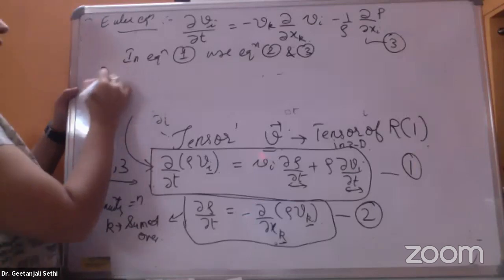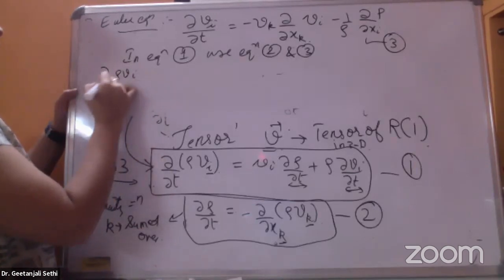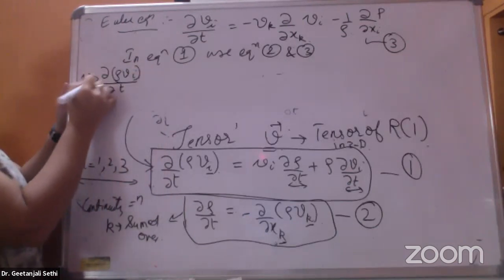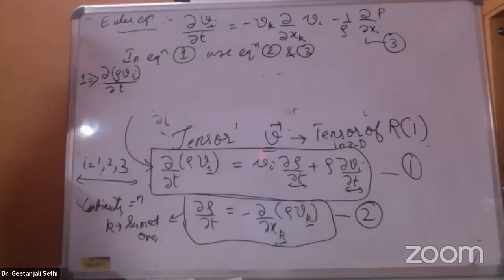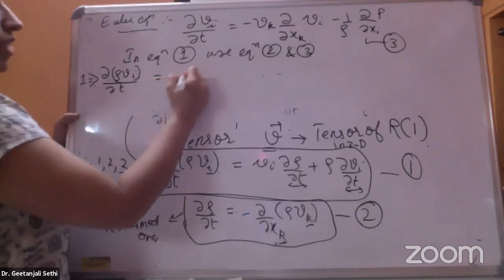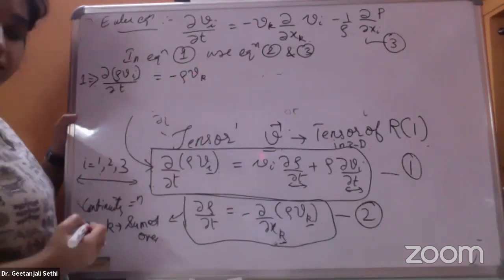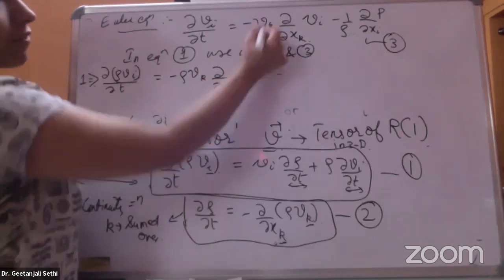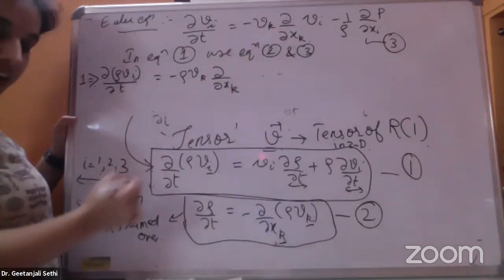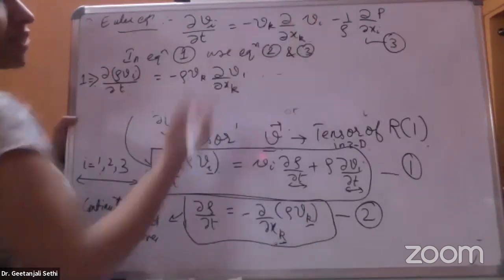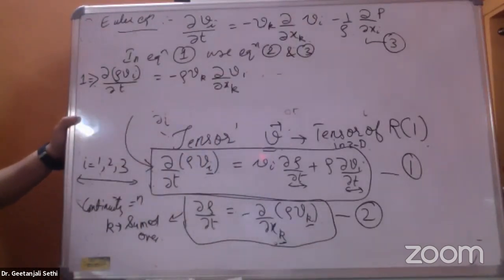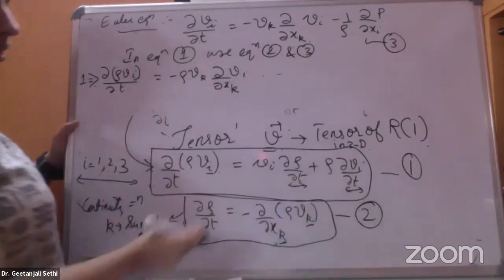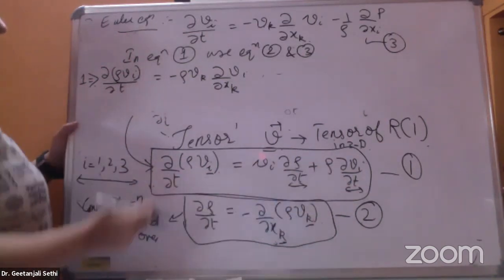And I write my equation as, rewrite my equation 1 as del by del t of rho Vi minus rho. You have to be very careful with the indices. Del by del xk, Vk, del by del xk, Vi. So this is the same term that I have here. And then I'm substituting for this del rho by del t, right?